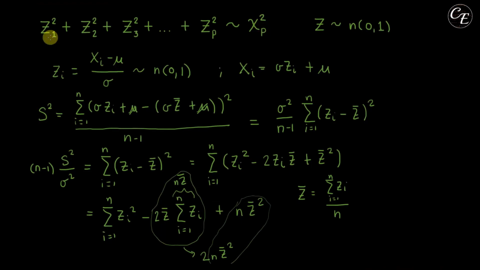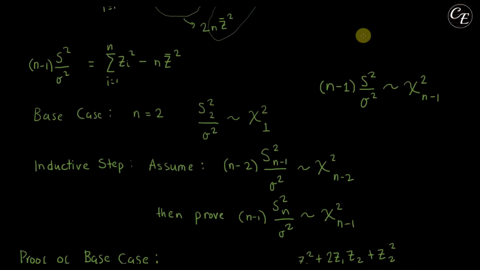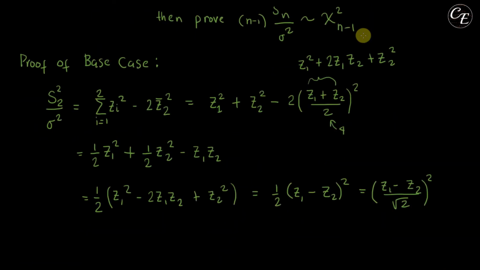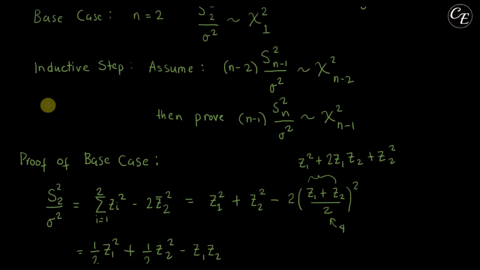Remember this one, this z has standard normal distribution, so in here, if this one has a standard normal distribution, then this whole thing, which is this one, has a chi-square distribution with 1 degree of freedom, proving this one.